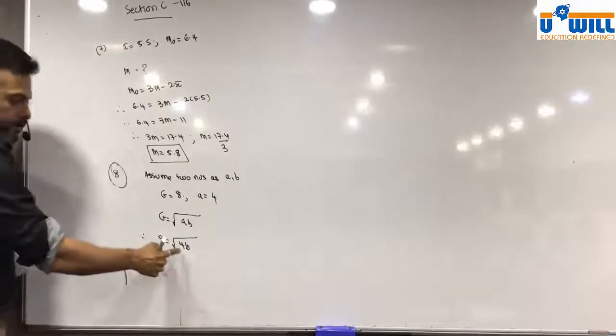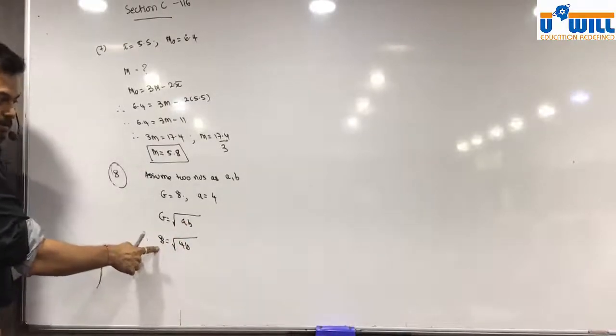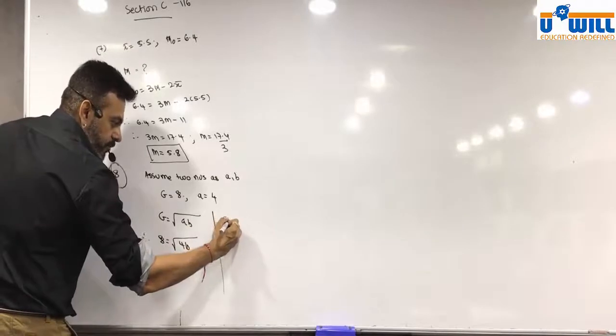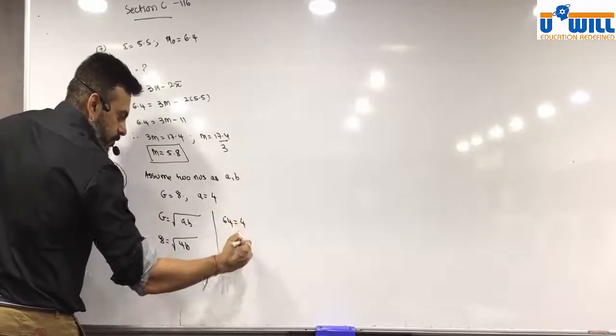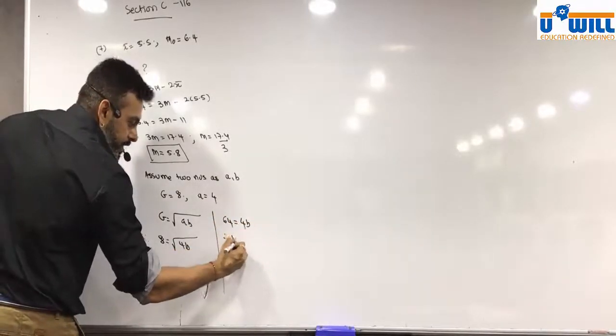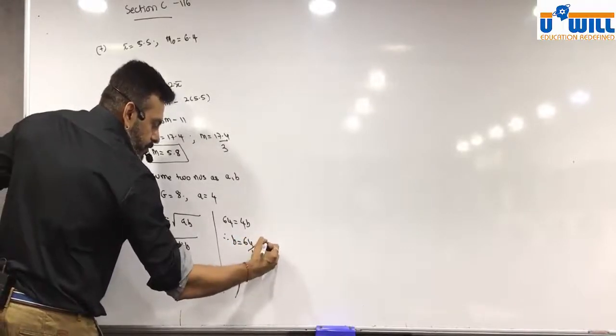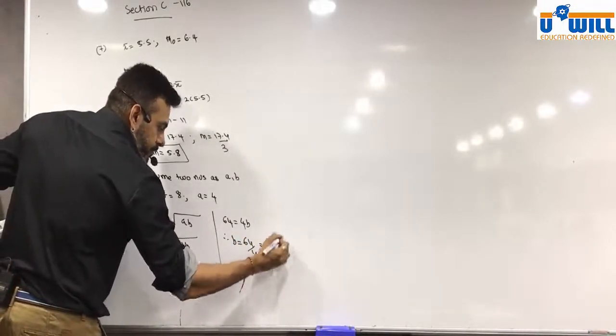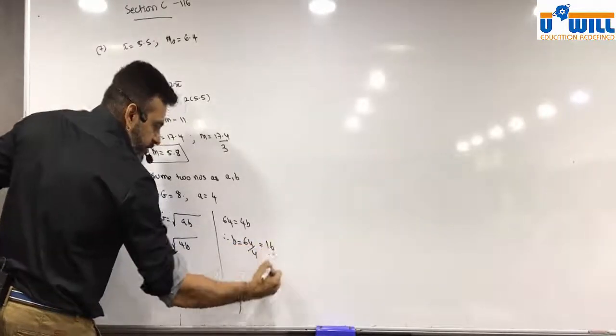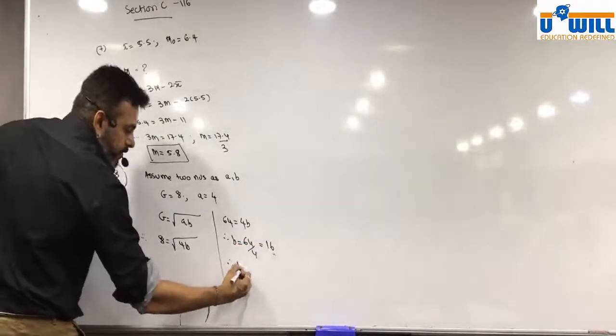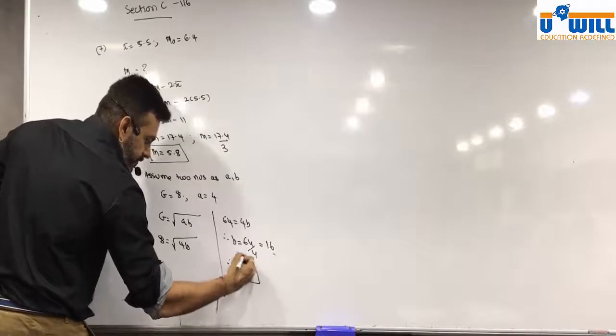I will solve this. Under root will become square. So 64 is equal to 4B. Therefore, B is equal to 64 divided by 4, which is equal to 16. Therefore, B is equal to 16.